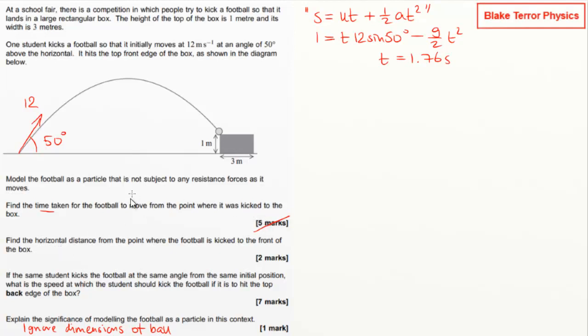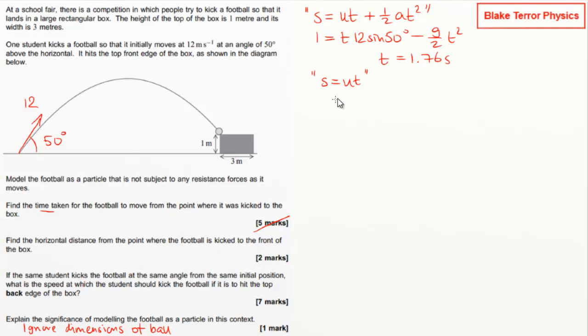Find the horizontal distance from the point where the football is kicked to the front of the box. Well, we now have to move our attention from the vertical to the horizontal. We've now got the time, so we're using the same SUVAT equation, but in this case it's just going to be s equals ut because there is no acceleration in the horizontal direction.